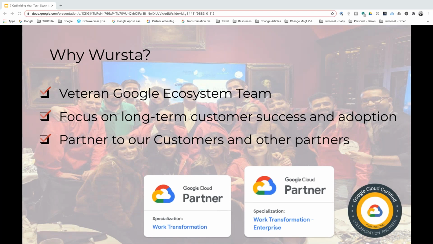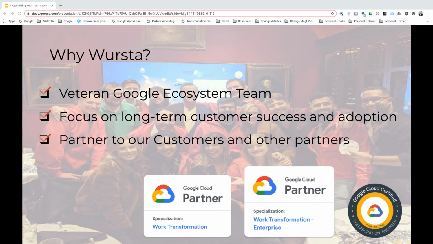So just a couple of quick notes on Worsta. We're an organization, we've been around for over 6 years. We are tightly partnered with Google. As you can see on the screen, we've worked really hard to earn our Google Premier Partner status, as well as our partner specializations in both work transformation and enterprise work transformation.